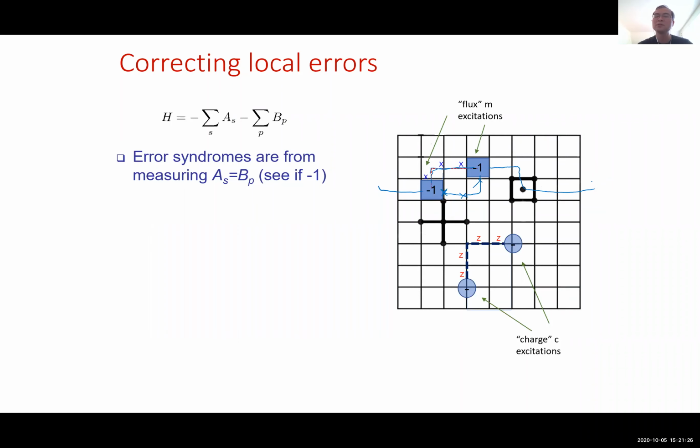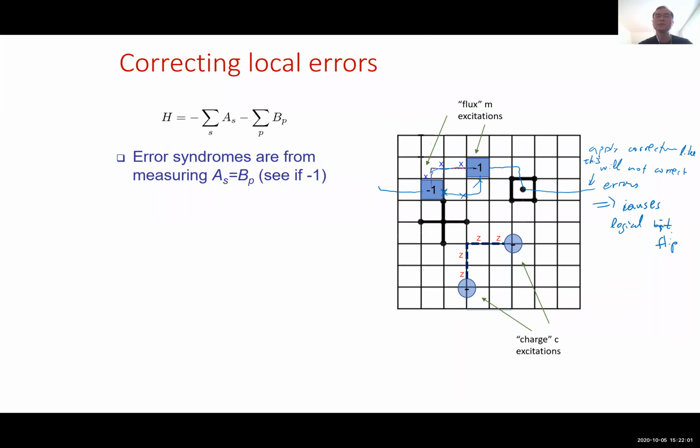so applying a correction like this, that wrap around, will not correct the error. Instead, it would cause some logical bit flip.